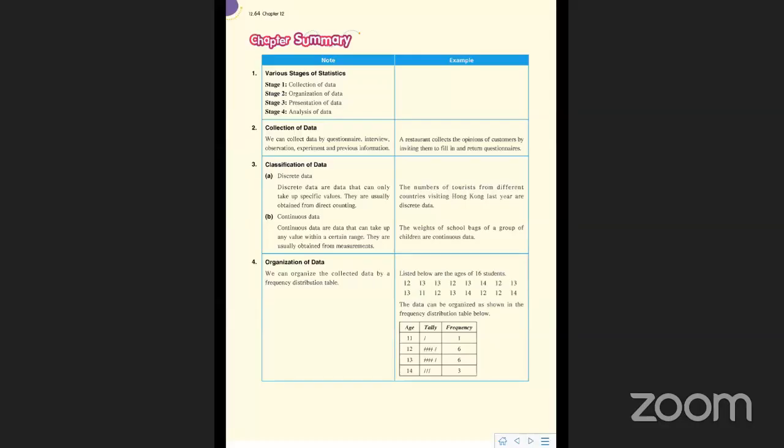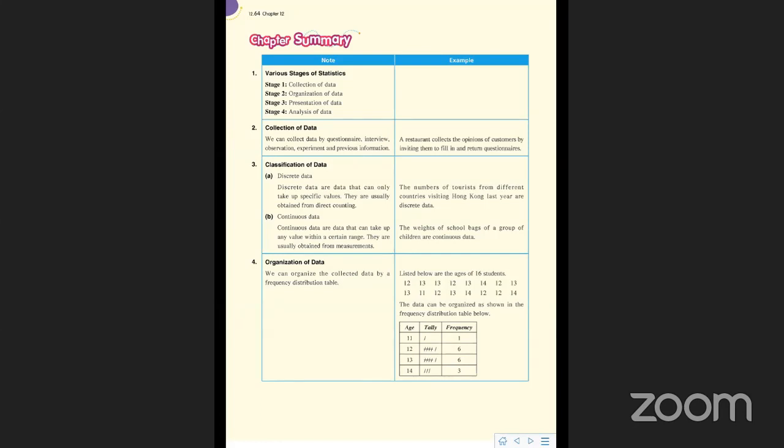Let's see, I'm going to share our screen. Okay. Now here, when you do the supplementary exercise, you can refer to the chapter summary as shown here.